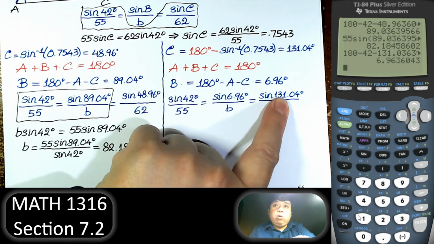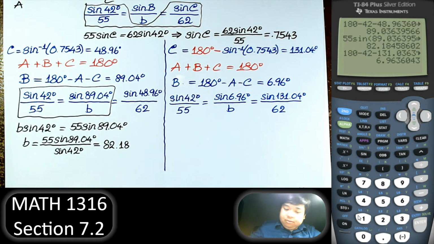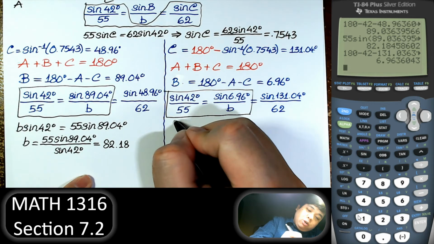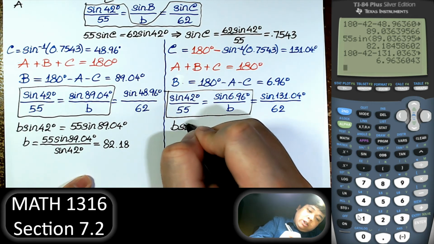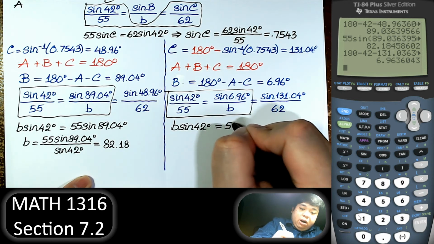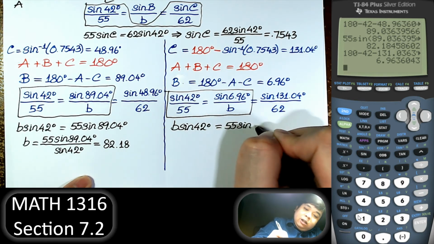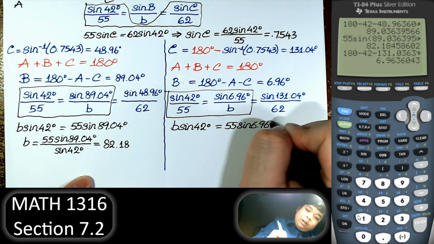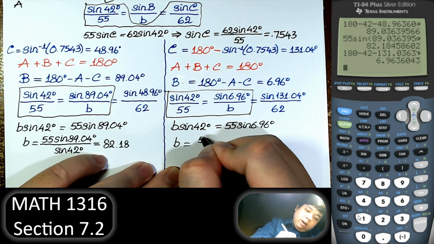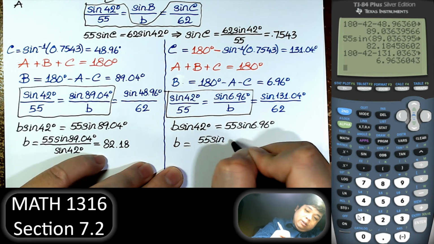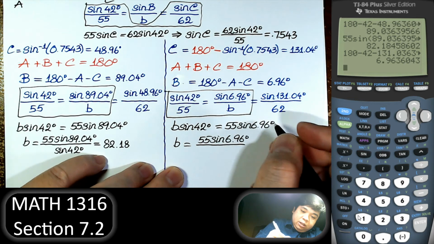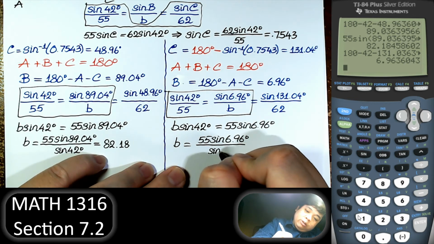This number is calculated and I round off. So use the first two ratios. Cross multiply: B sine of 42 degrees equal to 55 sine of 6.96 degrees. So B equal to 55 sine of 6.96 degrees over sine of 42 degrees.